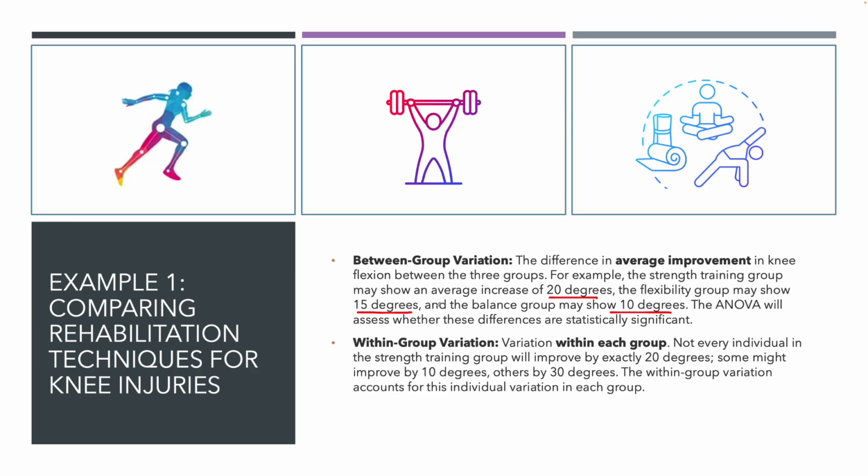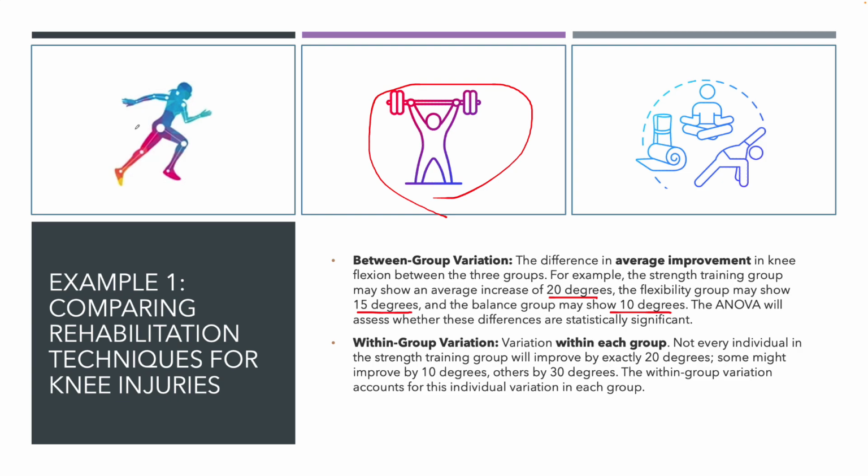So the ANOVA will let us assess whether these differences are significant, or statistically significant. And it seems like strength training is going to win because it has this increase of about 20 degrees in knee mobility. So this group has a more significant change in knee mobility.